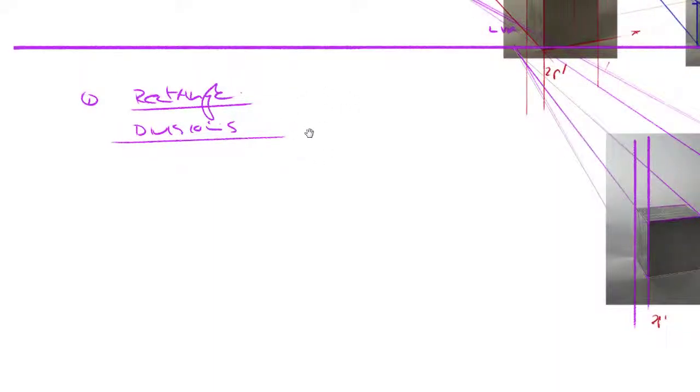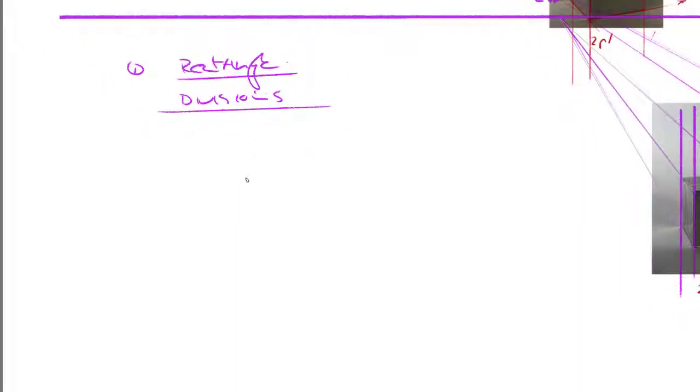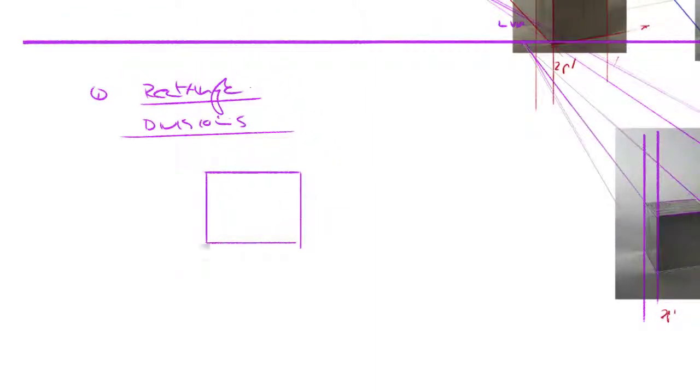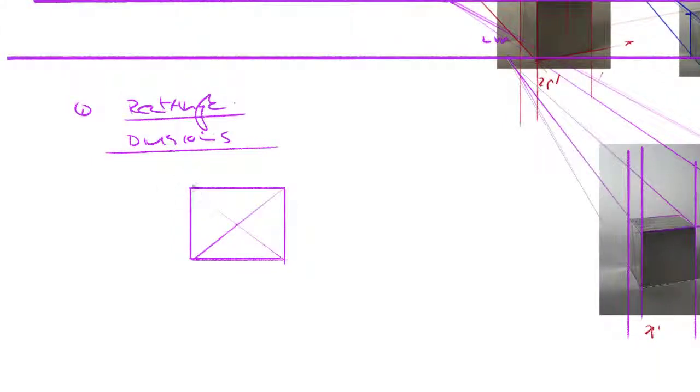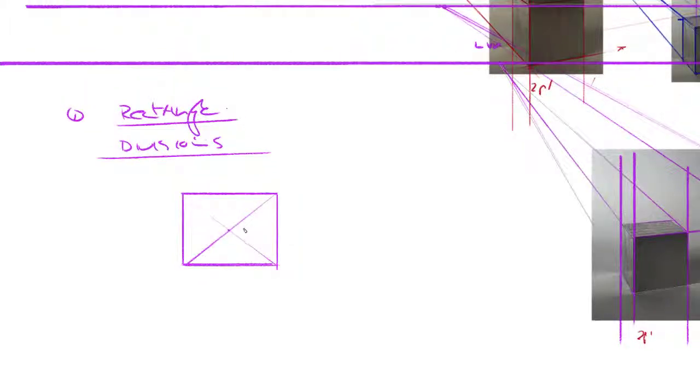Also a square. By dividing this thing we're going to find center. How we find the center point is we connect the points that are opposite each other, and where they intersect each other you will find the center point.